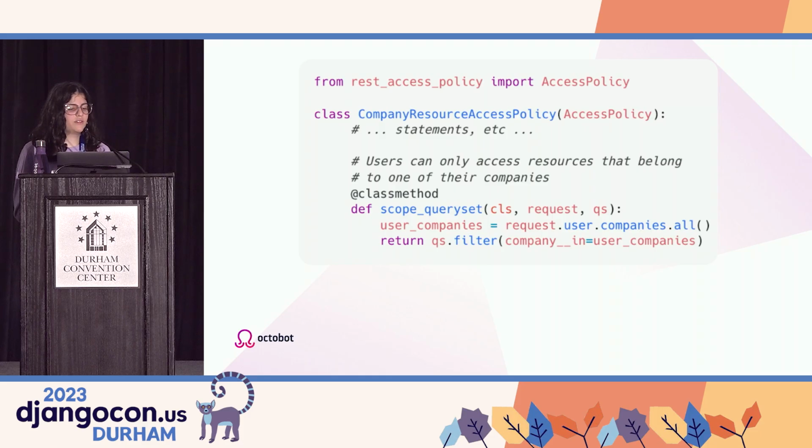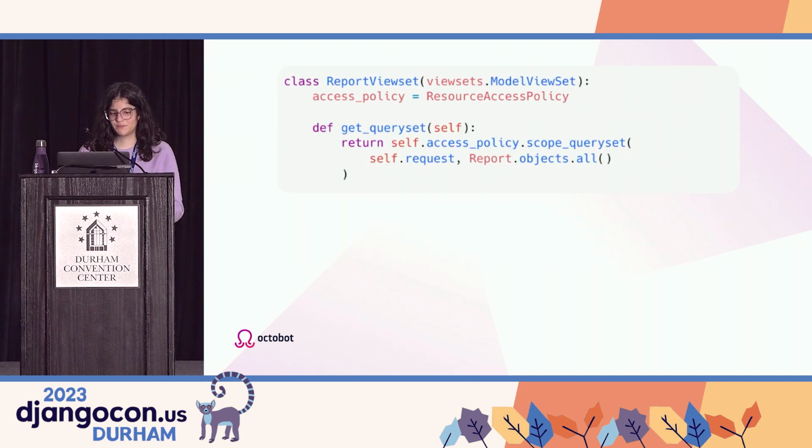So we just get the user from the request and we get their companies, and we use that to filter our query set, whichever it may be, using company in user companies. If the model you're querying doesn't have a company field, this will crash. But it's meant for resources that are related to the company, so it's okay.